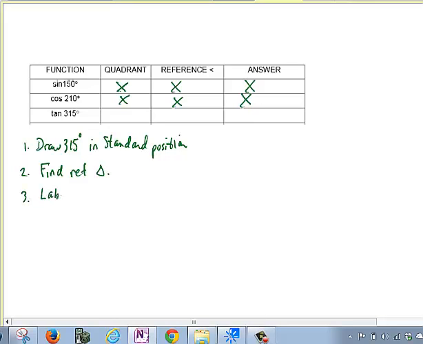Label the sides based on 30, 60, 90 or 45, 45, 90. And then find your trig ratio. Okay, so I'm going to pause the video, and then when you come back, you'll see the answer displayed. So pause your video, and good luck.